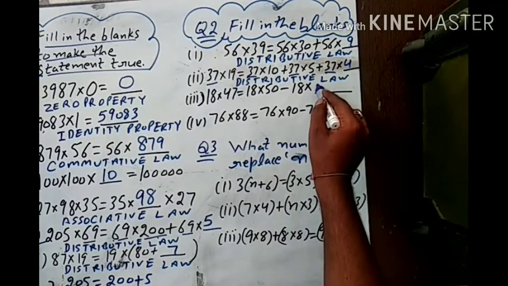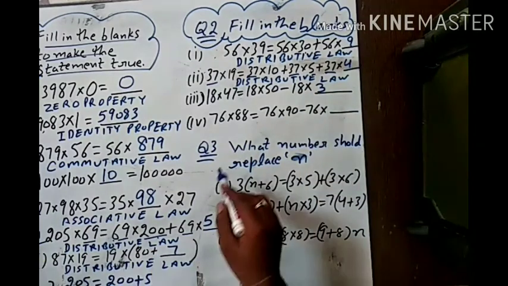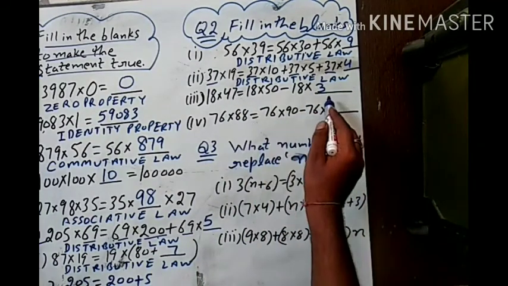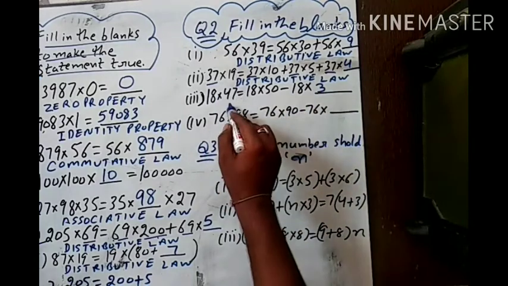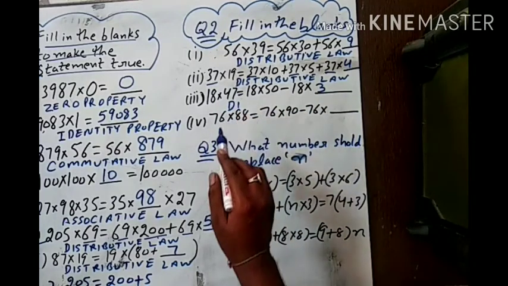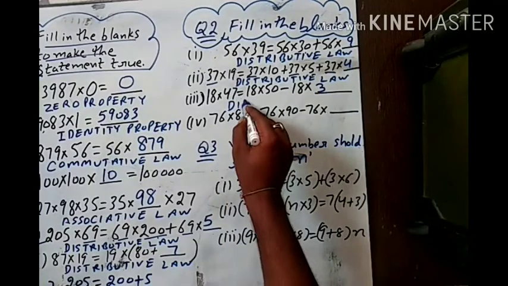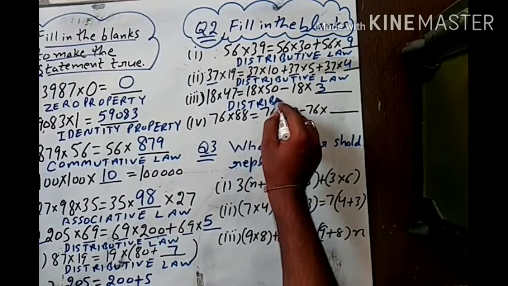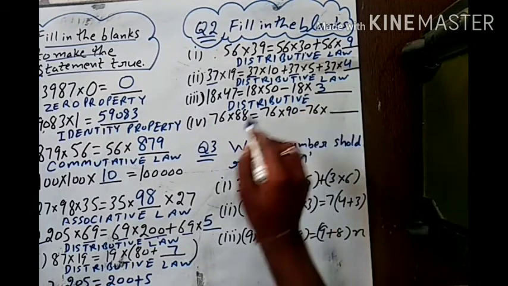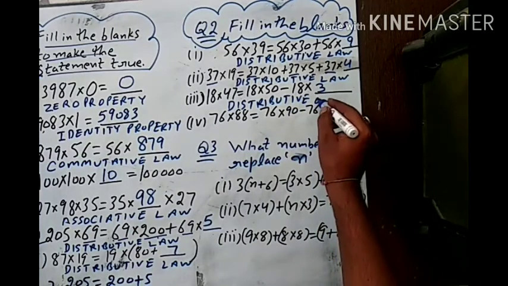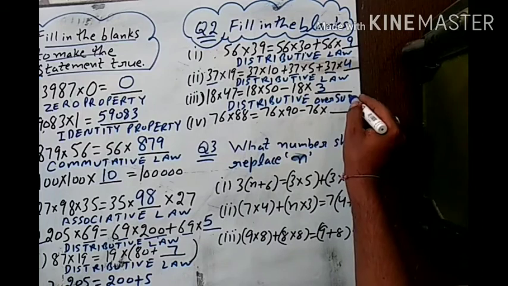So what will I subtract? I will subtract 3. Now this is also distributive property of multiplication over subtraction.